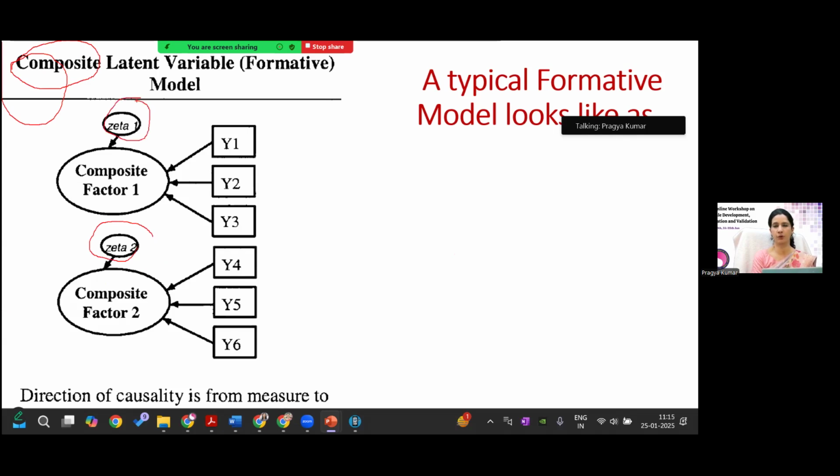I might have forgotten the name of the person who asked this question on day one. Is it clear now why the error is at the factor level in the case of a formative scale, and at the level of the item in the case of a reflective model? Is it clear now? Yes, ma'am, it's clear.